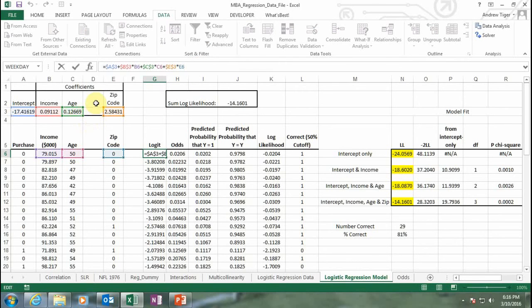But let's say we had another variable, which was the condition of the house. We had some variable that said what its condition was. I don't really know how you would do that, but that's how you could add to this.